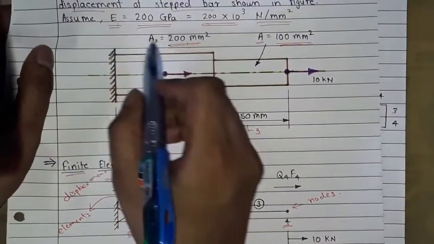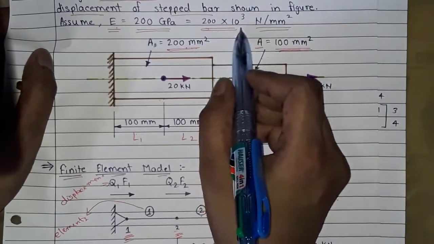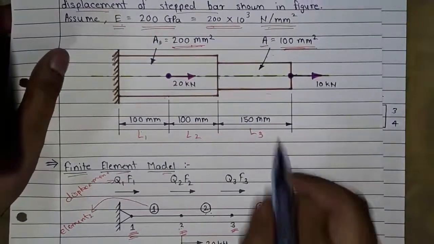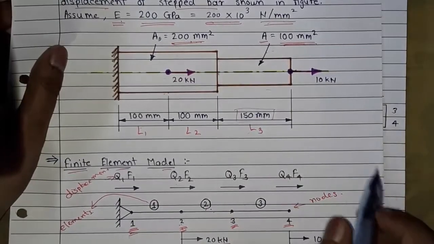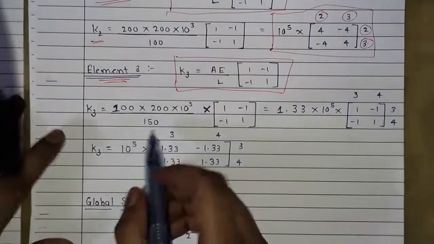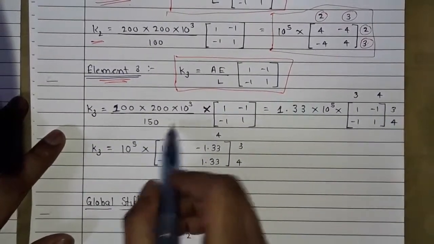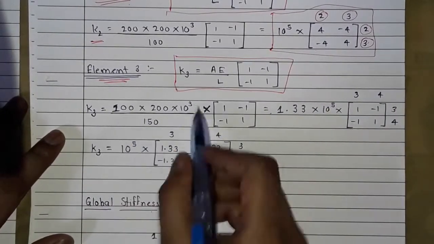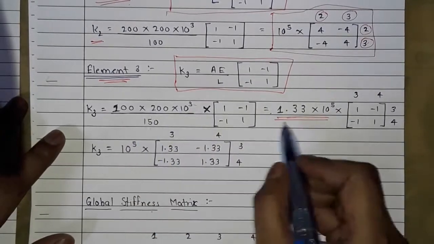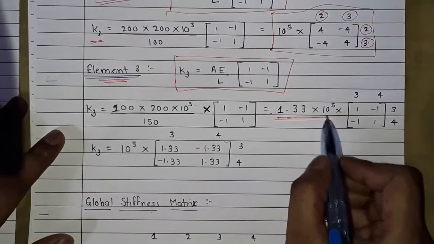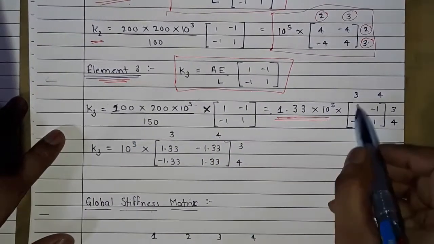E is the same, that is 200 into 10 raised 3 Newton per mm square, and the length for it is 150 mm. So now let's put the values in the matrix. After putting and solving, we got the value 1.33 into 10 raised 5, and this is the matrix.